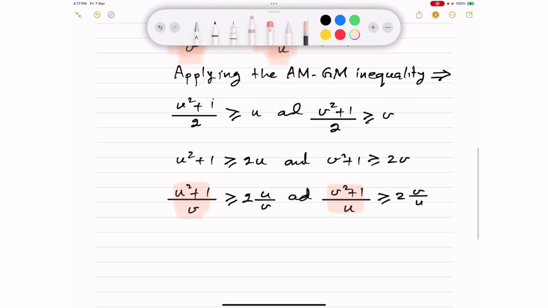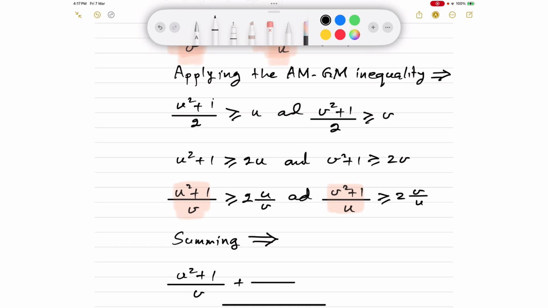Adding the two inequalities gives us: u squared plus 1 divided by v, plus v squared plus 1 divided by u, is greater than or equal to twice, taking 2 as a common factor, u divided by v plus v divided by u.